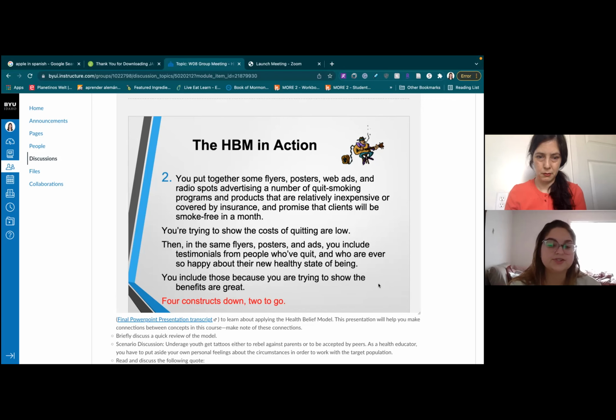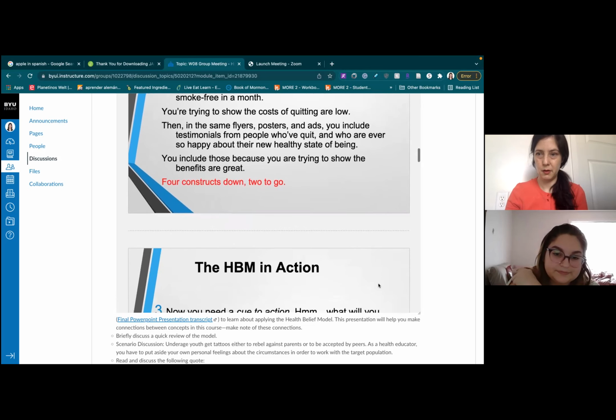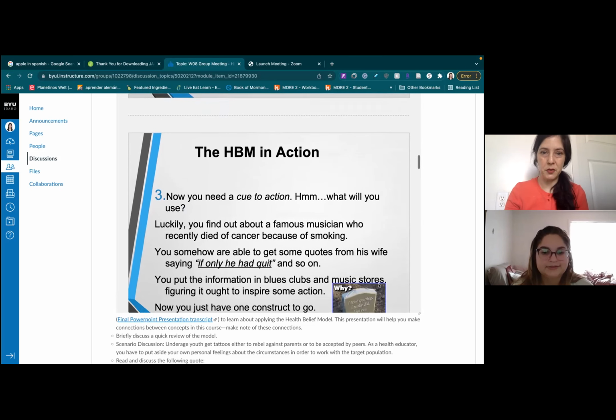You include those because you're trying to show the benefits are great. 4 constructs down, 2 to go. So that could be the perceived benefits or barriers, because if they're saying this is easy, you can do this, then that will kind of knock down the barriers. And then if you have the testimonials, then that will be the benefits. Exactly. I agree with you.